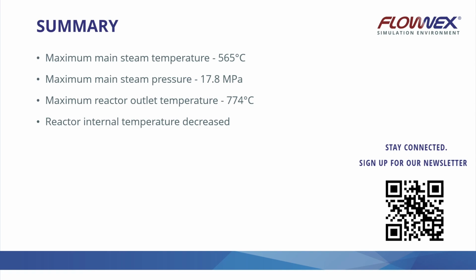We could see from the results that the maximum reactor outlet temperature of 774 degrees Celsius was obtained during the accident transient. This is crucial information to pass on to the teams overlooking the design of the steam generator and the turbines to ensure that the components will not be damaged or fail during an accident scenario.